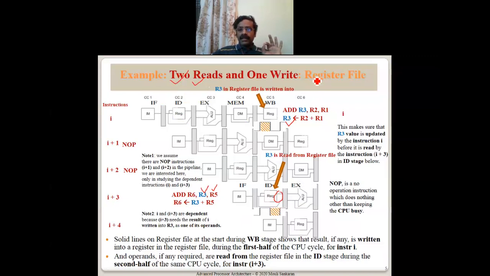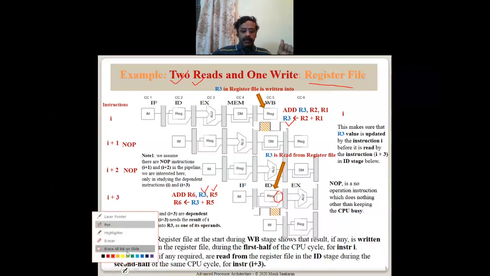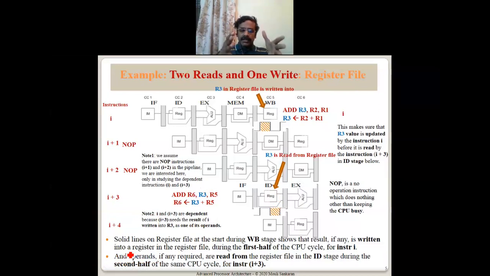So our register file is capable of performing two reads and one write in this particular architecture. I am assuming that it is capable of performing. That means the register set has been built with the necessary digital circuits to enable two operands to be read during the second half of the cycle and one result to be written into one of the registers during the first half of the cycle.